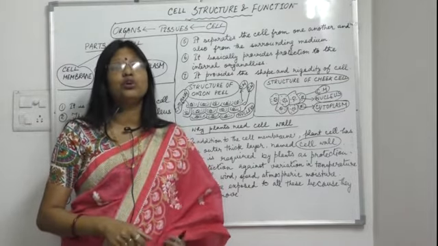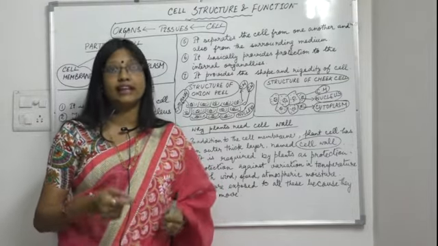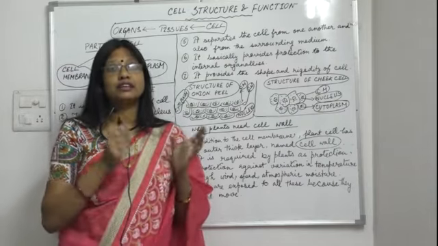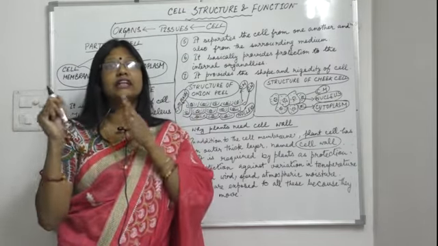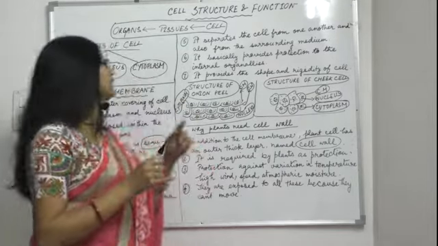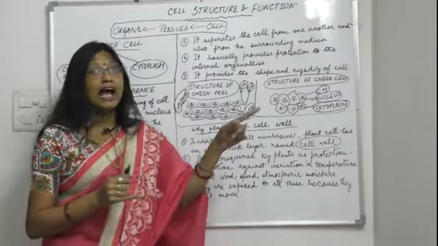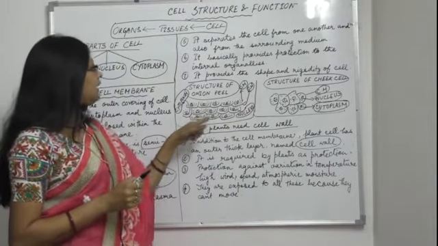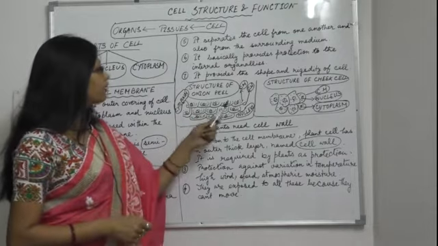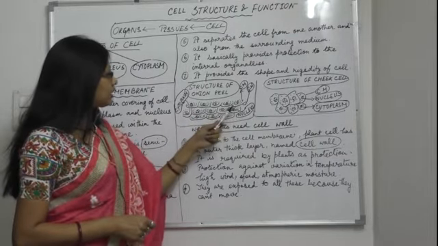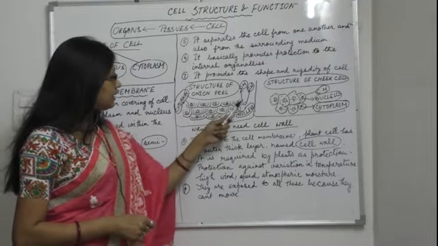Why? You should ask me that, ma'am, why should we discuss plant cell and animal cell differently while discussing the cell membrane? Because as you can see, in the onion peel cell there is one outer covering, then one inner covering.